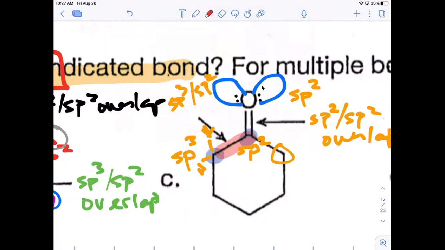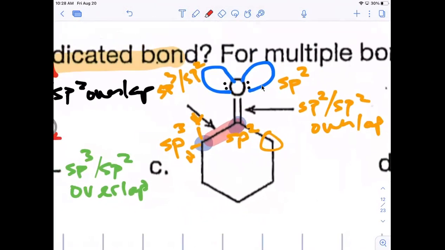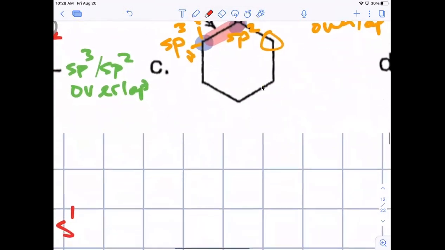I have a question. How do we know that it's all sigma bonds? You mean on the sp3 carbon? Yes. Yeah, so here's a carbon that has all sigma bonds, right? Notice there are no double bonds or triple bonds. That's the difference.